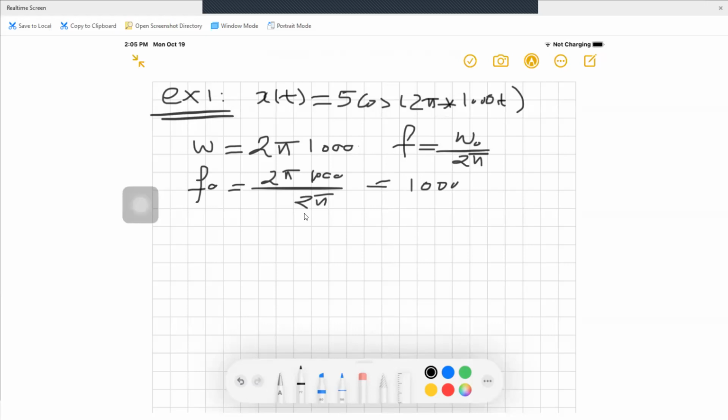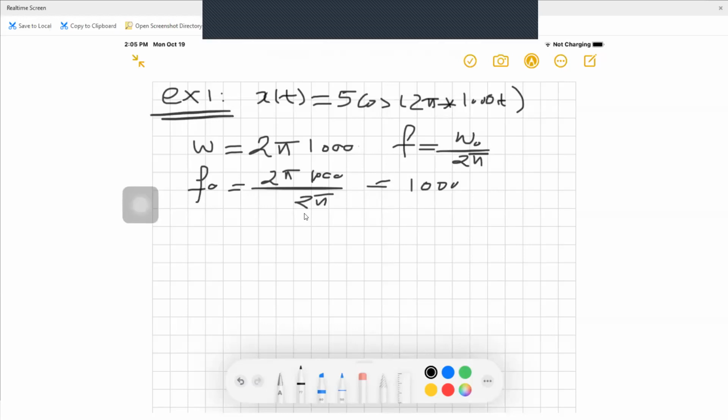This is the basic frequency, or the fundamental frequency, of this signal. Please, you have to write down your names in the chat. I'm going to save the chat for the attendance, please.